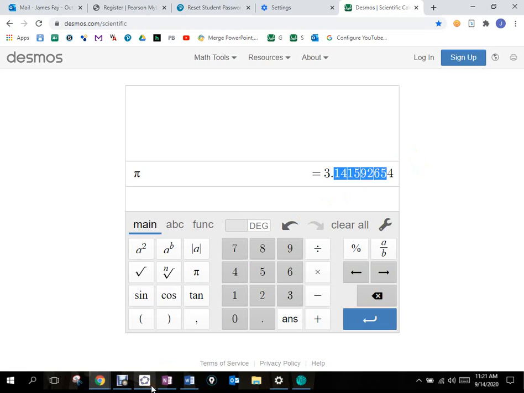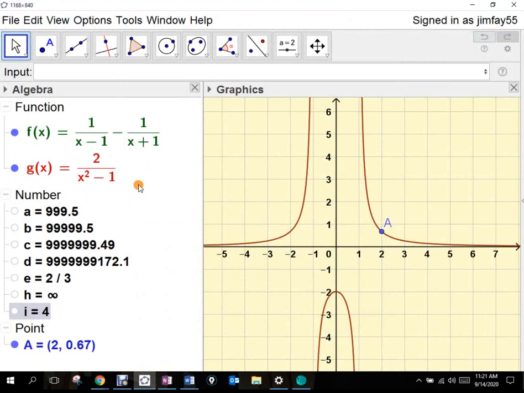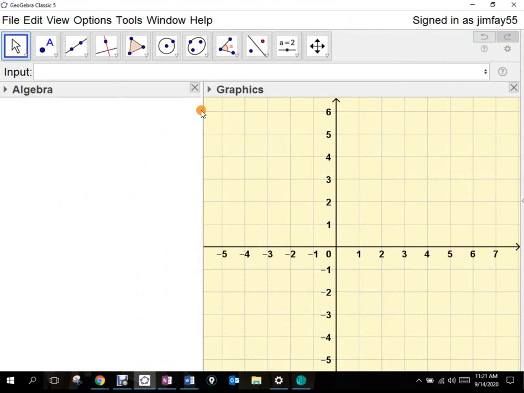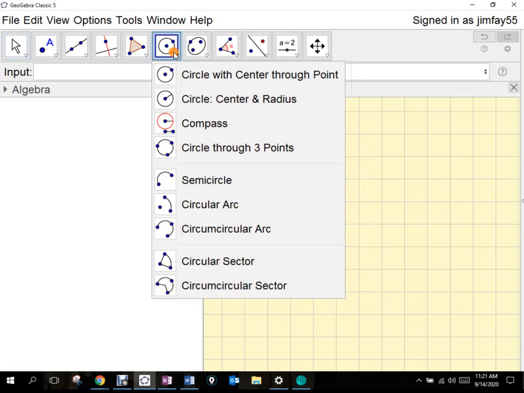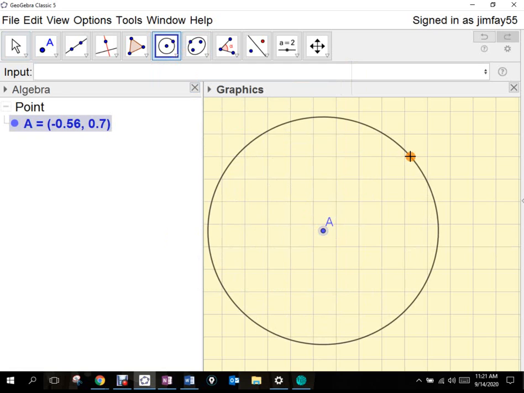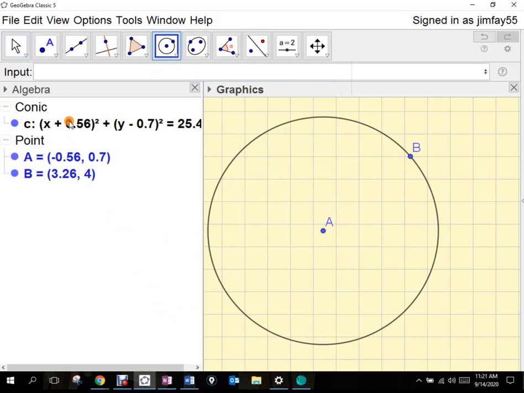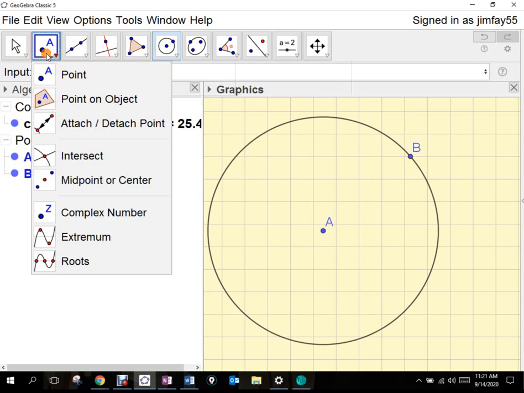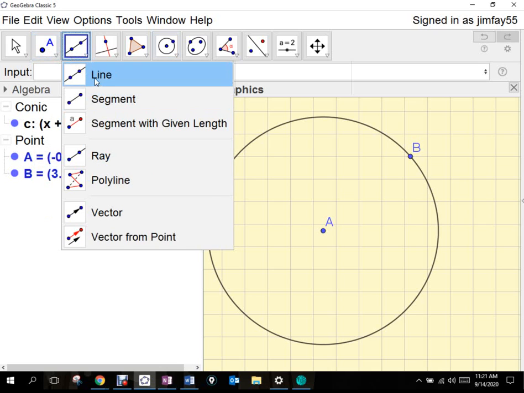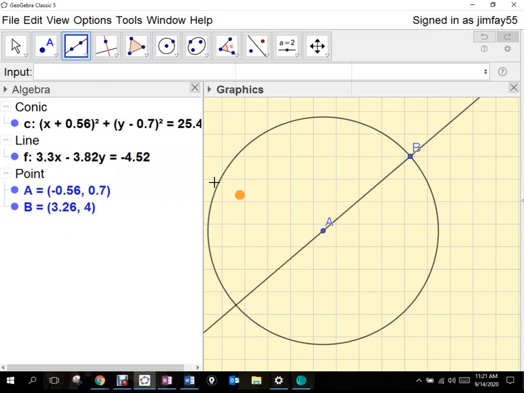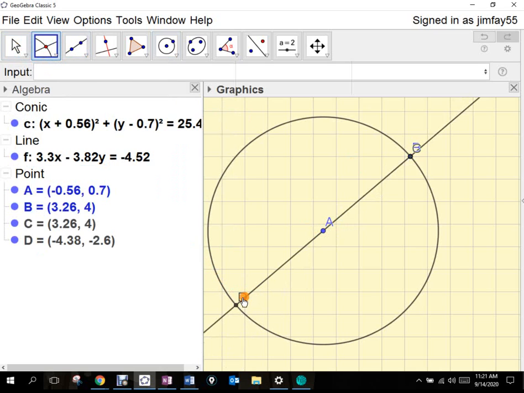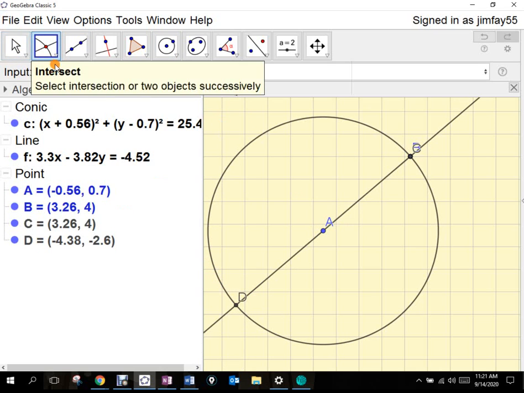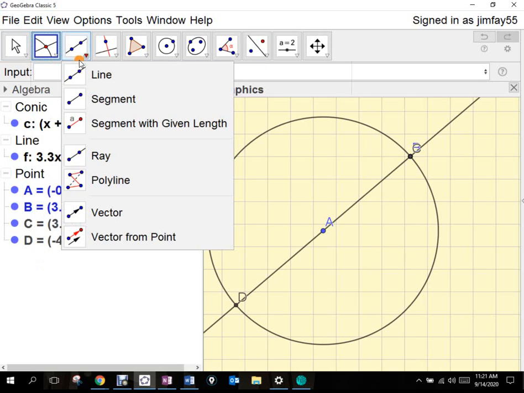Okay, so I'll just show you real quick with this. If I put in a circle here, and get rid of these axes. That circle there, I have no idea how big it is, and don't really care. But I'm going to create that line right there, between D and whatever that letter is that got covered up.